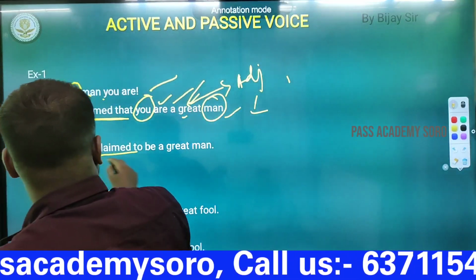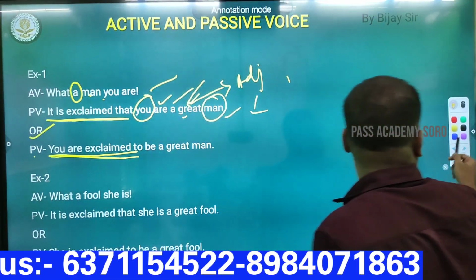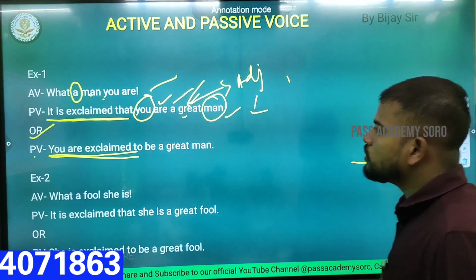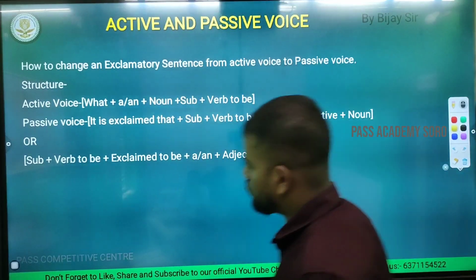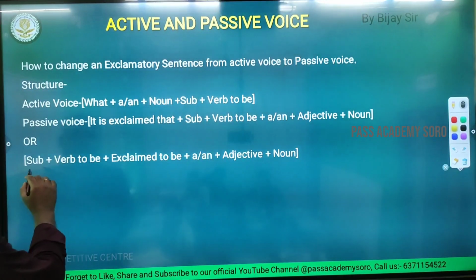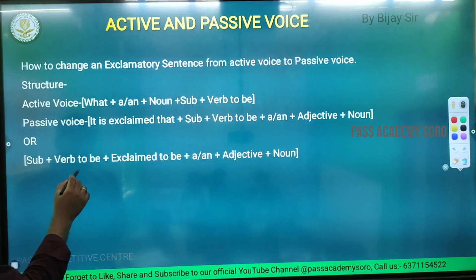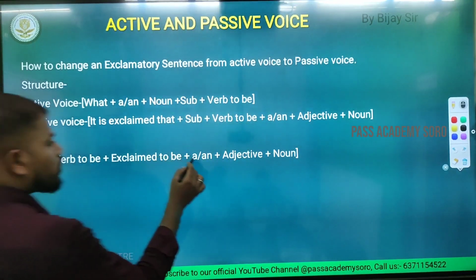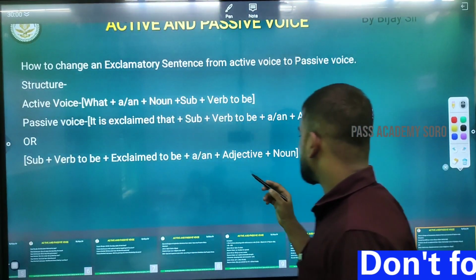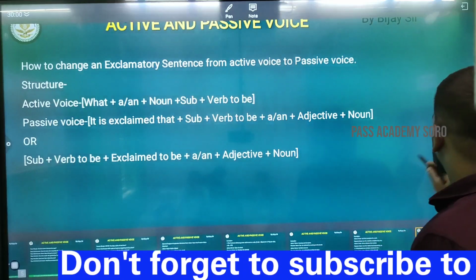Here we use the subject plus verb to be plus exclaimed to be plus a or an plus adjective plus noun.